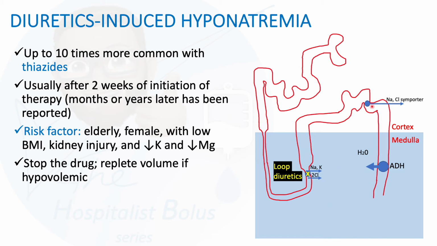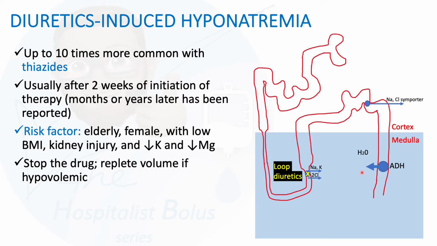This doesn't happen with thiazide diuretics because thiazide works mostly in the cortex, but the loop diuretics, because they act on the ascending limb of Henle, which is present in the medulla, can affect the osmolality in the medulla.